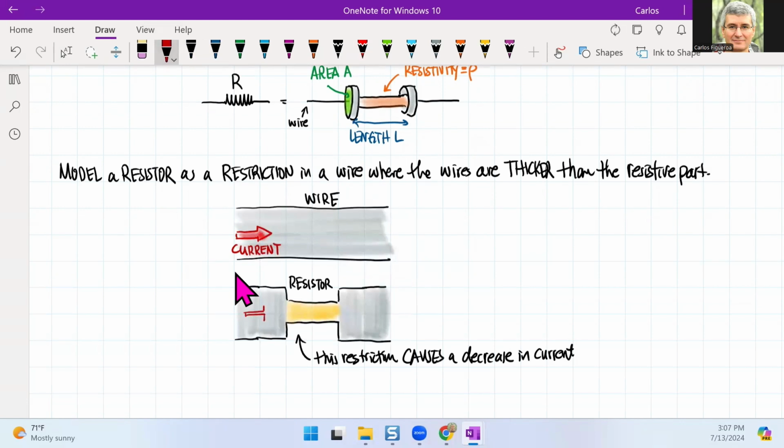I still have current coming in here. But we're going to find here, and in a little bit, that the current isn't going to be reduced. But that's what we mean by a resistor. So once again, the gray is the wire. The yellow part is the resistor.